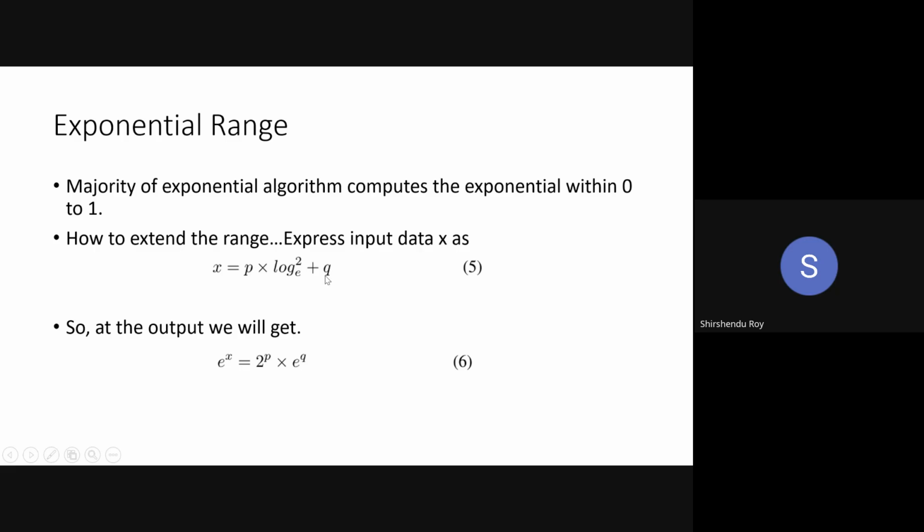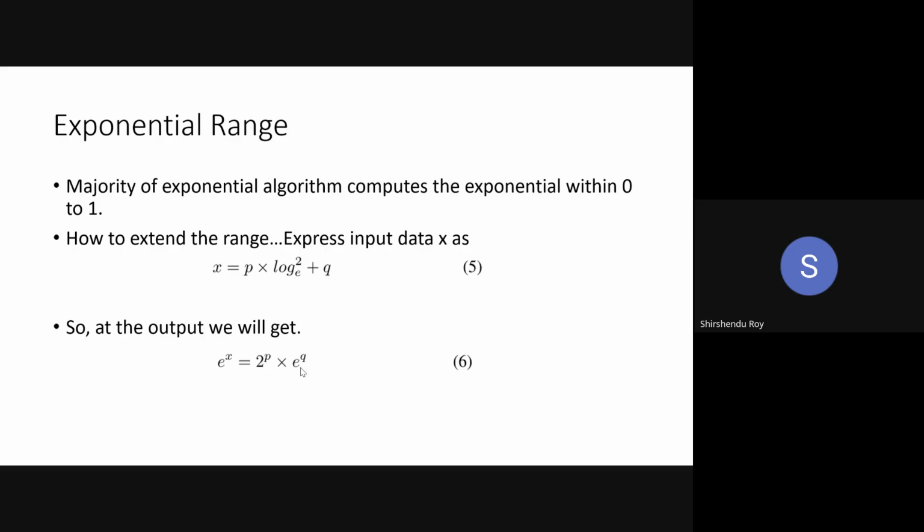Q here is less than 1, not greater than 1. Q is in the range of 0 to 1 and we are finding the exponential of q. Finally, at the output of the block, we are multiplying e to the power q by 2 to the power p. Multiplying by 2 to the power p is very easy, because multiplication by a power of 2 means we just have to left shift the data.